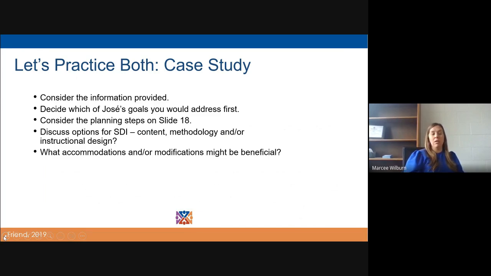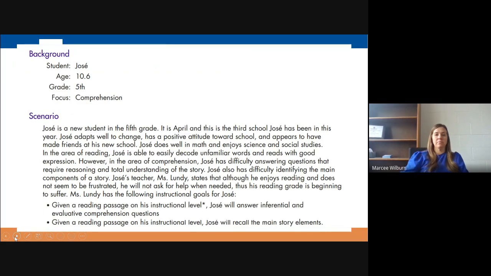Maybe it's going to take him longer to complete things. Anything else? Highlight story elements while reading. Audio version of the story to help with comprehension. Absolutely.